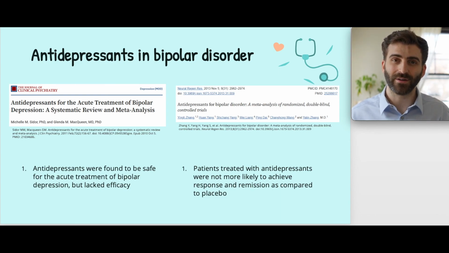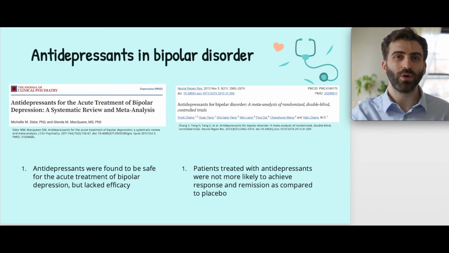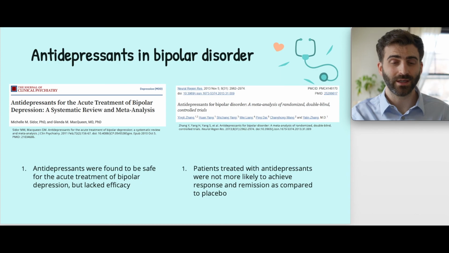They really lack efficacy in bipolar depression. Safe meaning that they don't typically switch the patient into mania. This may not be true if the patient's taking the antidepressant alone. If you use an antidepressant in combination with a mood stabilizer, then you typically don't switch the patient. So the evidence behind antidepressants in bipolar depression is pretty low, but you'll still sometimes see it used in practice as a down-the-line option.